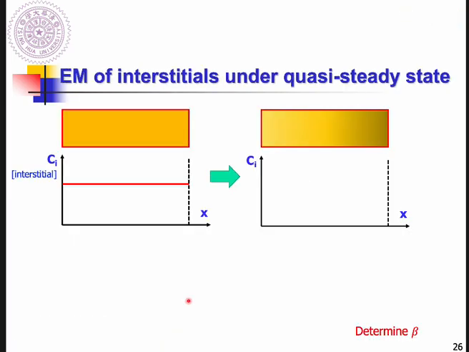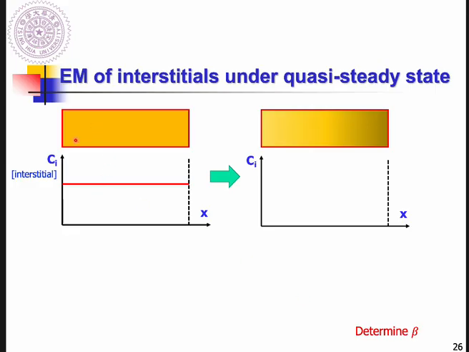So we use this slide to show you how to determine the magnitude of beta. Okay, how to determine beta? You need to design and perform experiments on your samples of interest, then you can determine beta by yourself.